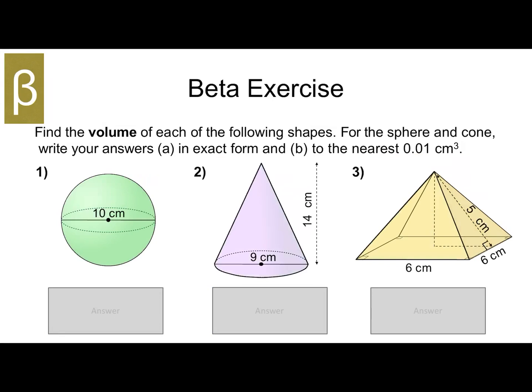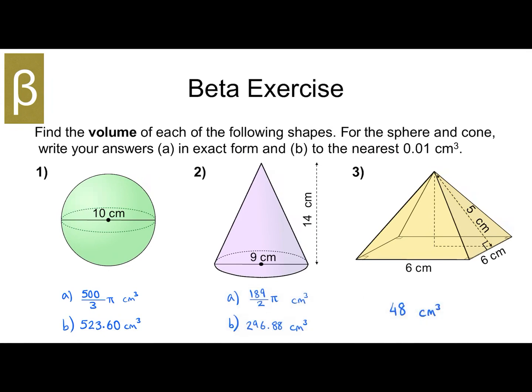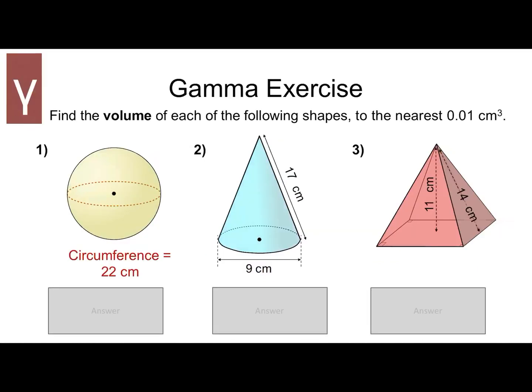Okay, again, see if you can find the volumes of each of these shapes, giving in exact form and, if appropriate, to the nearest 2 decimal places, to the nearest 0.01. Okay, I hope you've done that. Here's the answers. Okay, any questions you're not sure about, just ask me.